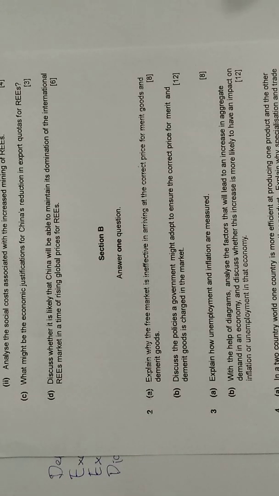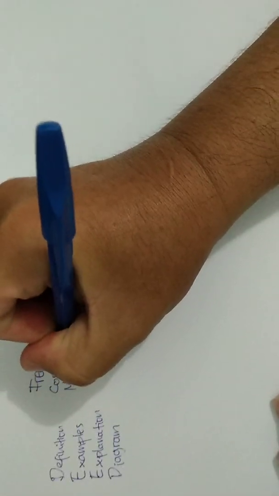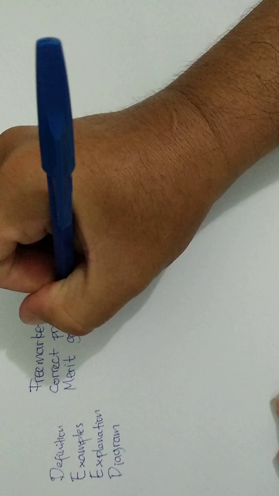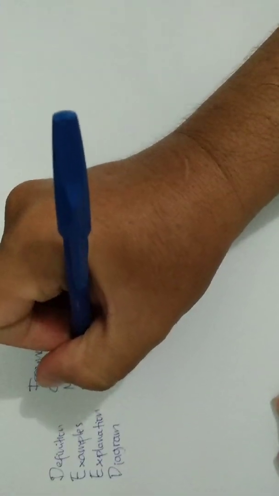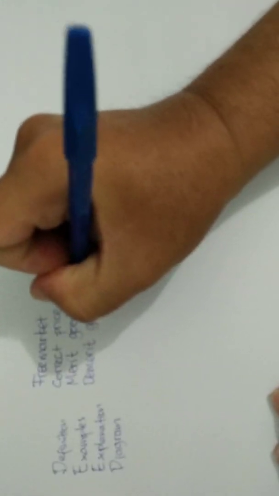Okay? What is the next definition that you would write about this question? You might want to write the definition of merit goods and demerit goods. So, do you remember the definition of merit goods?